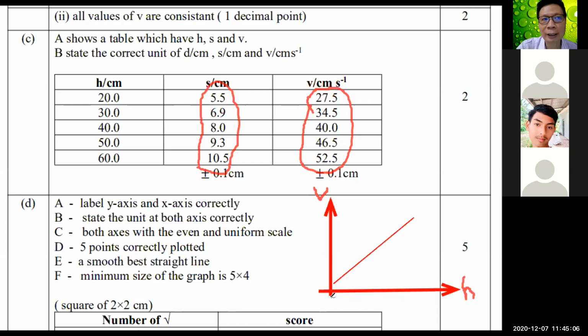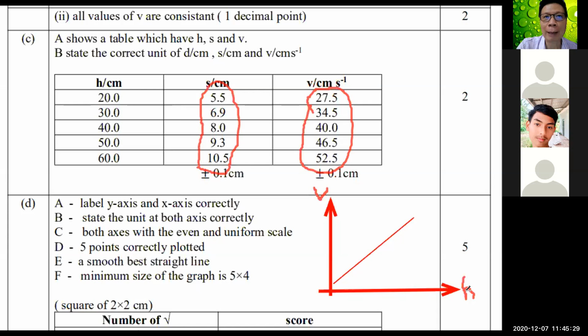But don't worry, Kimberly, it's okay. Let me explain, listen. If you plot a graph and use a ruler to draw, you get a line like that. It doesn't pass through the origin, so you say V increases linearly with H for your relationship.